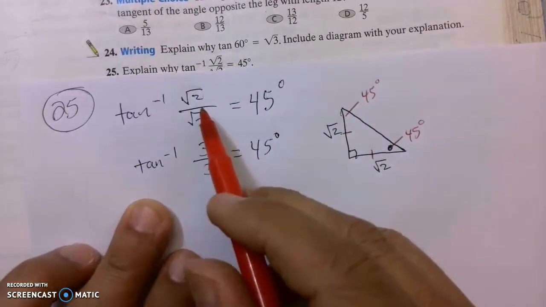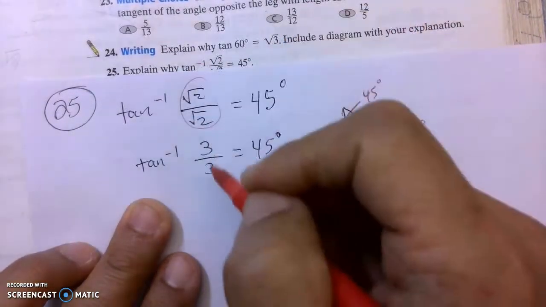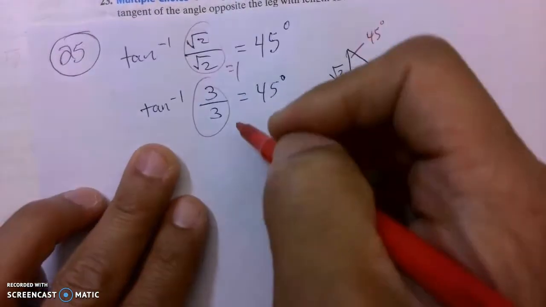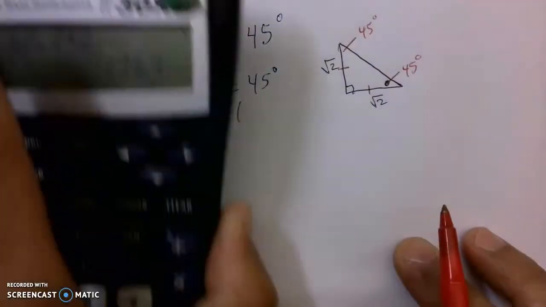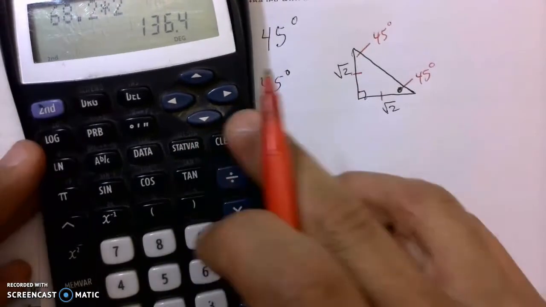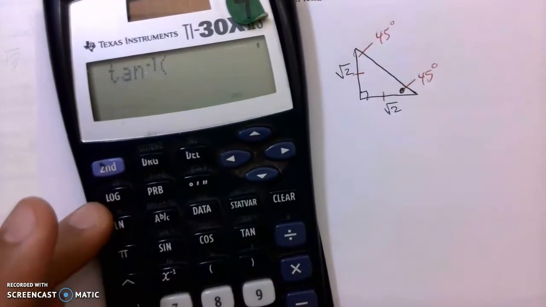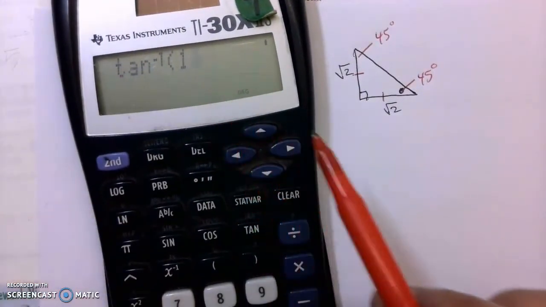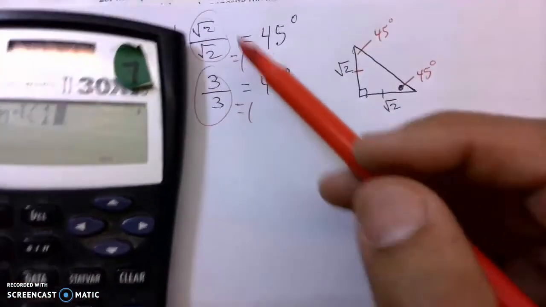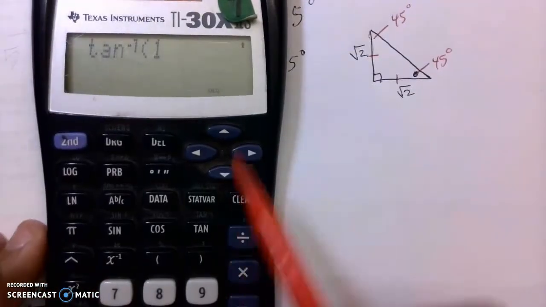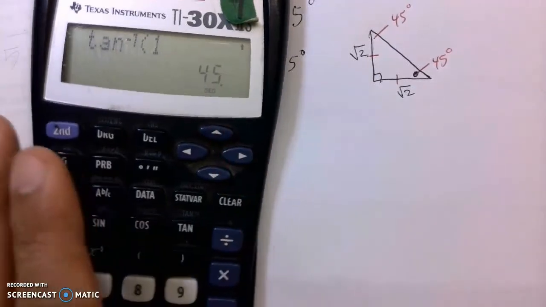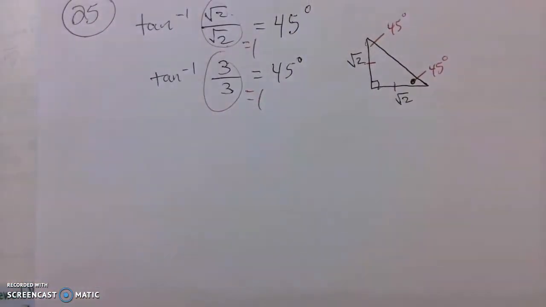But even if you put this in the calculator, anything divided by itself is 1. So if I go inverse tangent of 1, which means 3 divided by 3, radical 2 divided by radical 2, you will get 45 degrees because it's an isosceles triangle. That is 25.